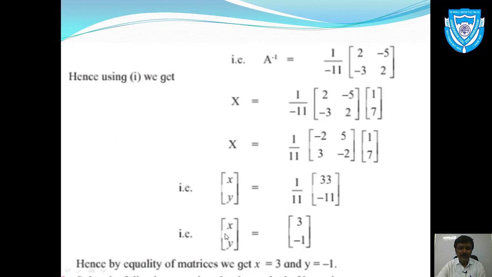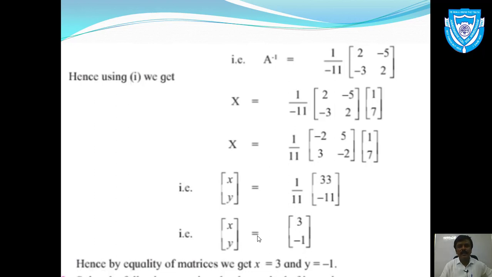Now can you see that these two matrices are equal? At left it is capital X, which means there are two variables X and Y, whereas on the right hand side we got a matrix of order 2 cross 1 where elements are 3 and -1, and these two matrices are equal. What does the definition of equality of matrices say?